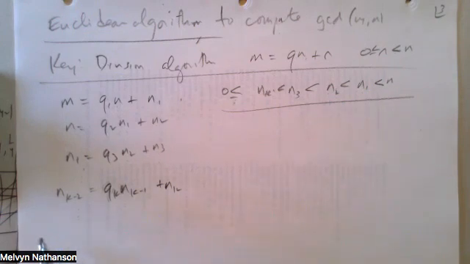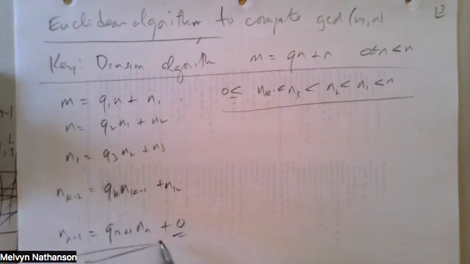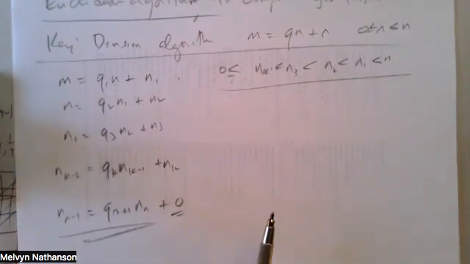So eventually you get to a point where N sub r minus 1 is Q sub r plus 1 times N sub r, and a remainder of 0.